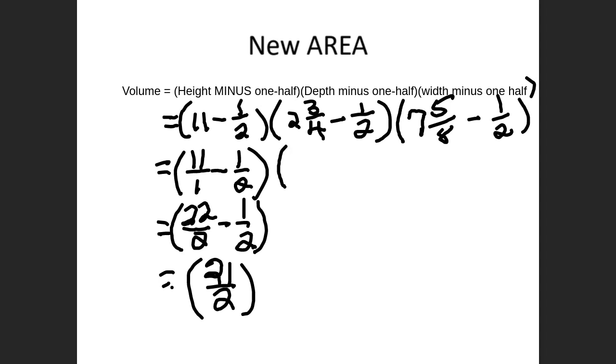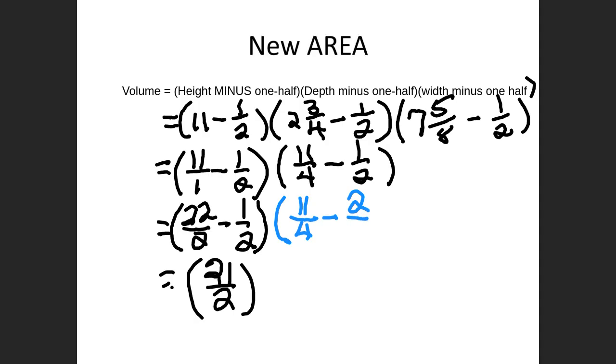Now, this is giving me 11/4 minus 1/2. My common denominator this time is 4, which means the 1/2 becomes 2/4, or 9/4 is the new depth.